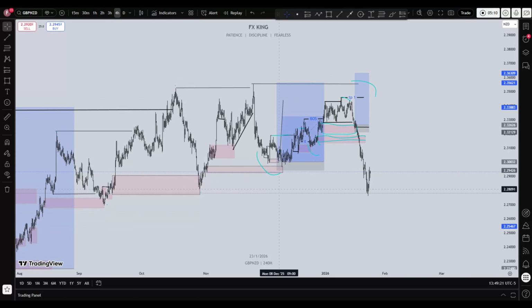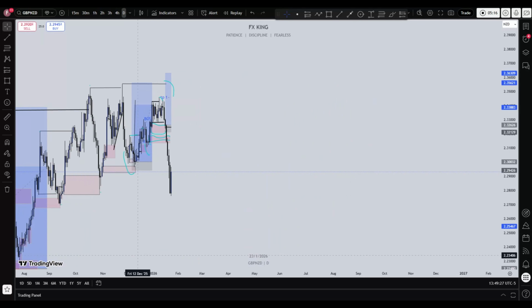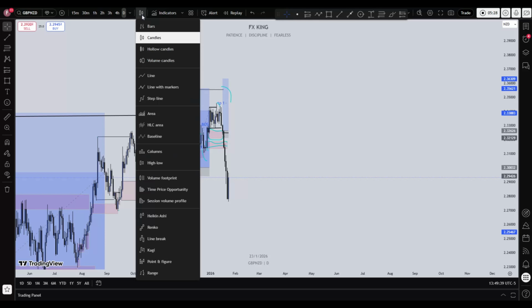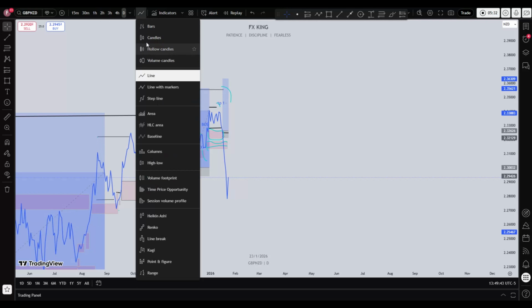This trading direction has changed, so we can start looking for maybe sell opportunities on this pair, and let's see how it goes.